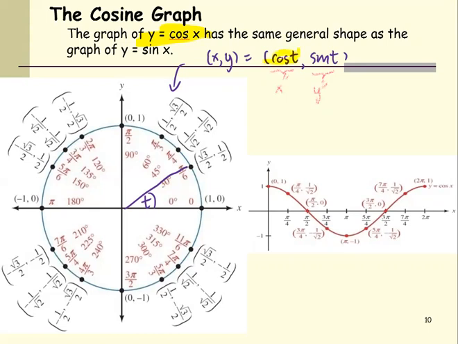When we consider the cosine function graph, we look at the first coordinate on the unit circle.